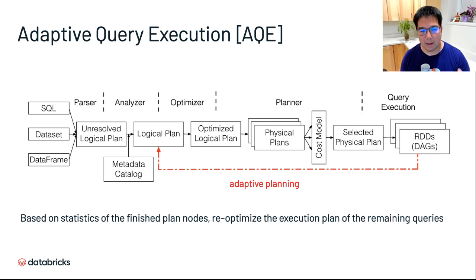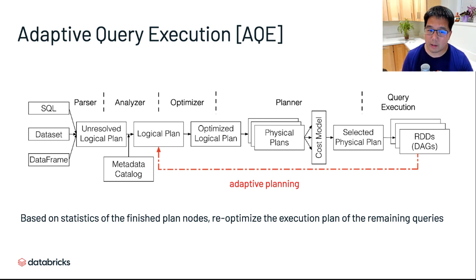What really happened with the Spark 2.x line was that we took the unresolved logical plan, took into account information from the metadata catalog, so in other words, like the tables that you have, built up a logical plan, and then optimized that logical plan.